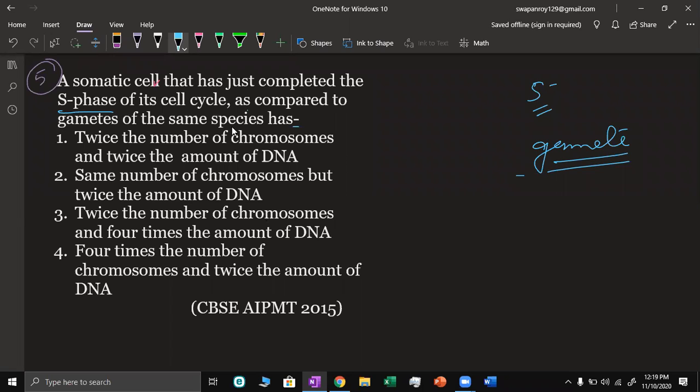Twice the number of chromosomes and twice the amount of DNA of the same species.